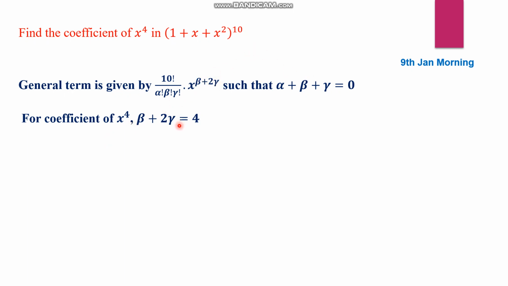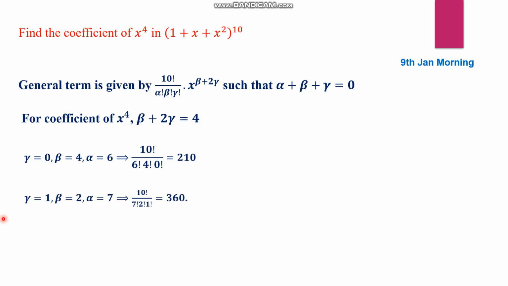Now we want the coefficient of x to the power 4. That means here we want this term, that is beta plus 2 gamma, to be equal to 4. So there are chances like we can put gamma as 0, then beta will be 4 and alpha will be 6. So the term will be 10 factorial by 6 factorial into 4 factorial into 0 factorial, which simplifies to 210.